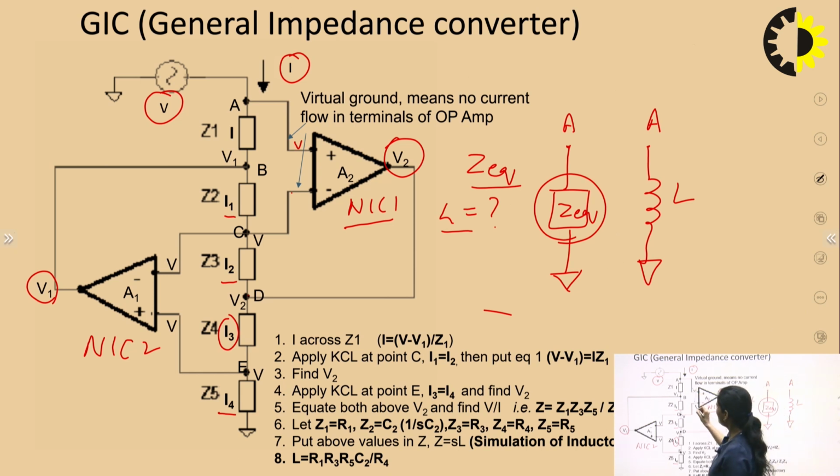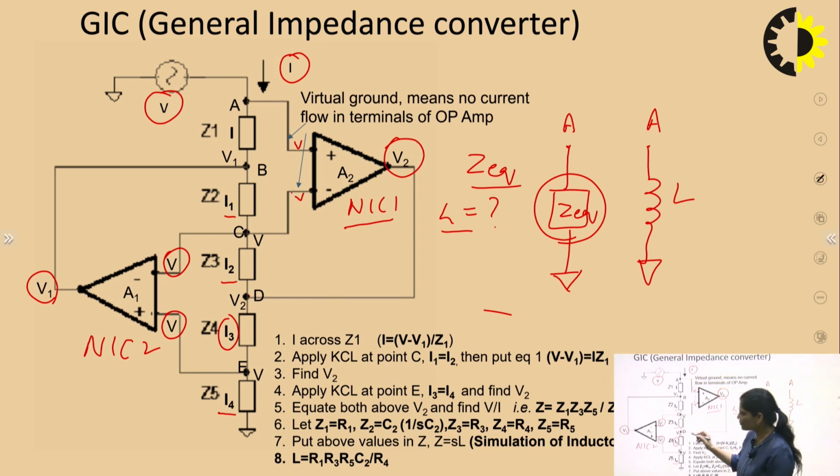This terminal is connected to this one, so here is also V. At point C the voltage is V, and at point D the voltage is V2, the output of this operational amplifier, which is connected to point D. Point E is connected to the non-inverting terminal of this operational amplifier A1, so the voltage across point E is V, and here is ground. So this is the description of the whole circuit diagram, the general impedance converter.